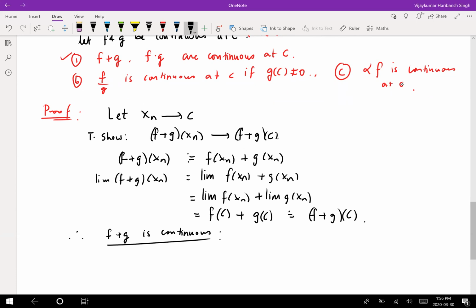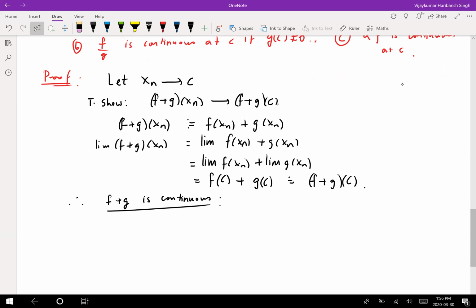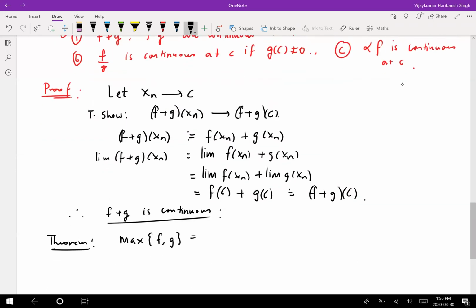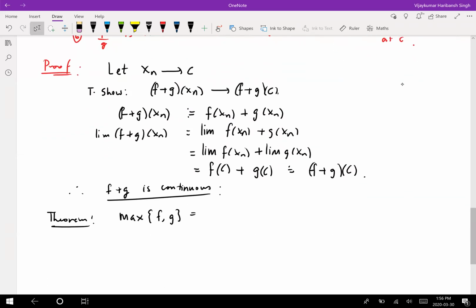Okay. So now another interesting fact is the following. So theorem. And this is going to be useful later on as well. So max of f, g is also, so let's do this as a continuation of above theorem. So f and g are continuous.